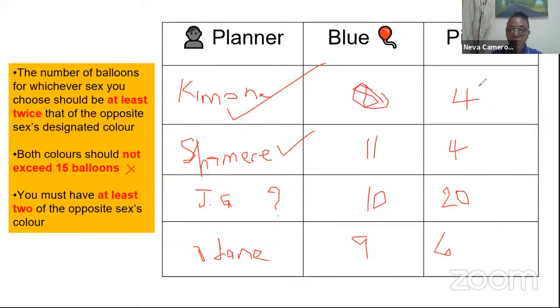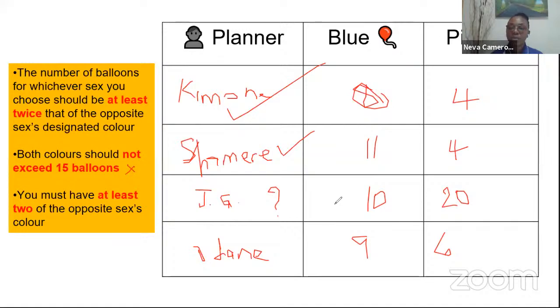Some persons are saying no. Some persons are saying no. Okay, for those who are saying no, let's hear why you're saying no. All right, it's not twice the amount of the pink.